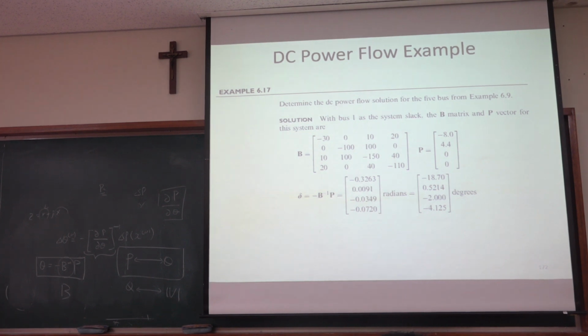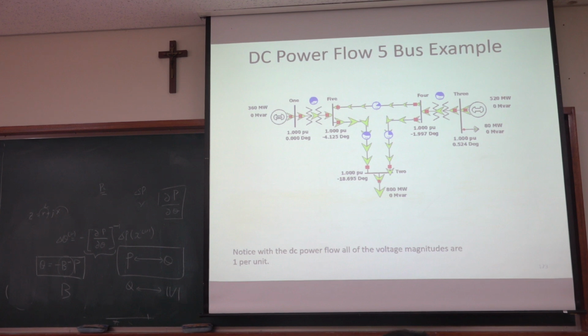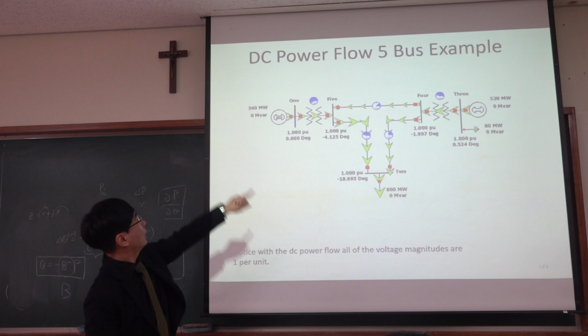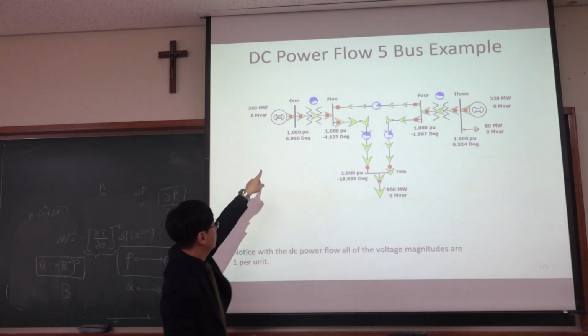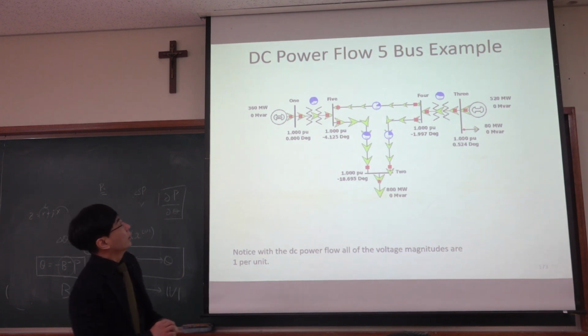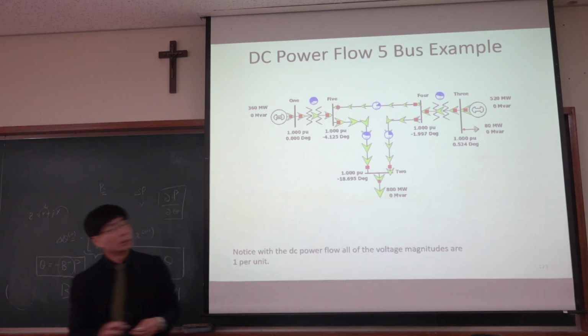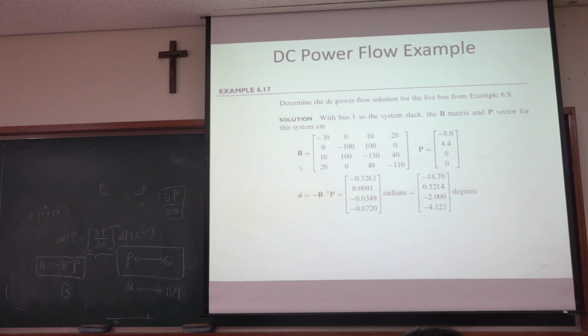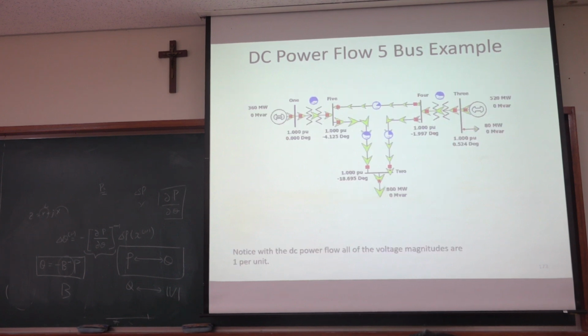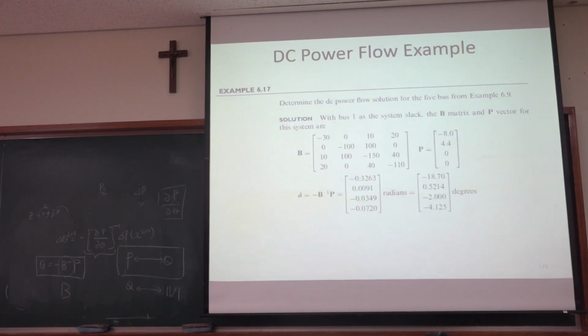So this is an example of a 5-bus system: 1, 2, 3, 4, 5. Bus 1 is again the slack bus, so magnitude is 1.0, degree is 0. Anyway, you have this B matrix and the active power at bus 2, load, bus 3, generator, 4, 5, no load or generator.